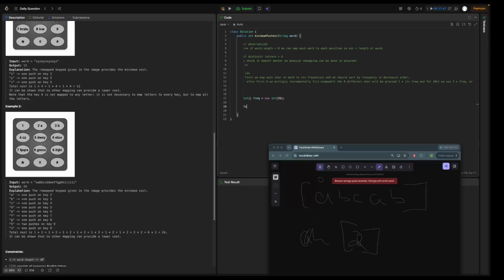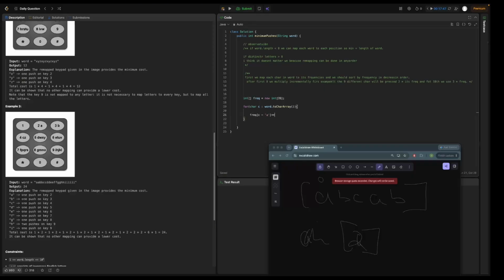Then for each character C in word dot toCharArray, frequency of C minus A, that will get us the index number, plus plus.